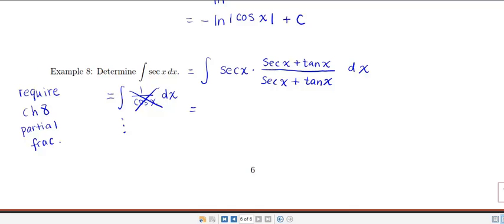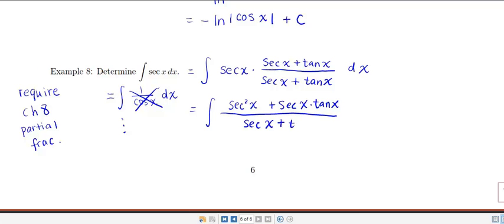So now if we rewrite this expression, we get secant squared of x plus secant of x times tangent of x, divided by secant of x plus tangent of x, dx.